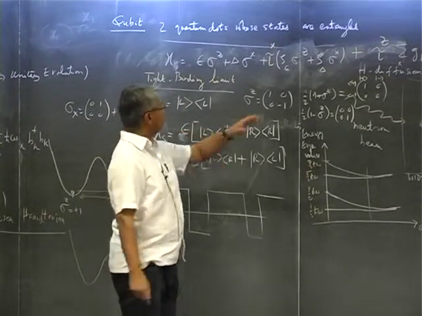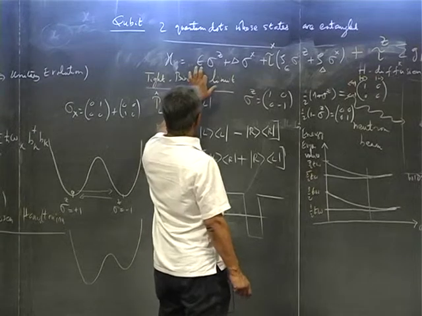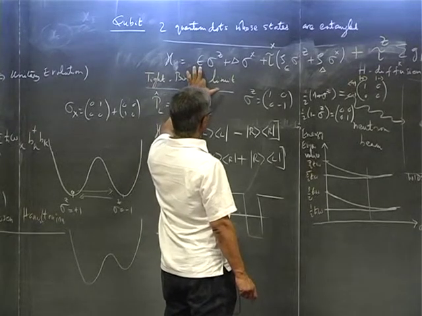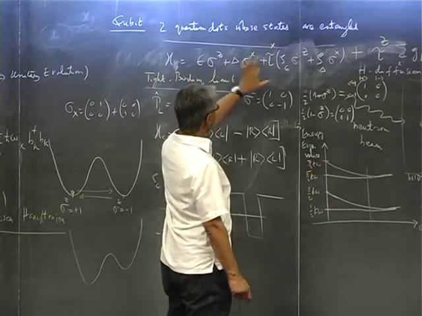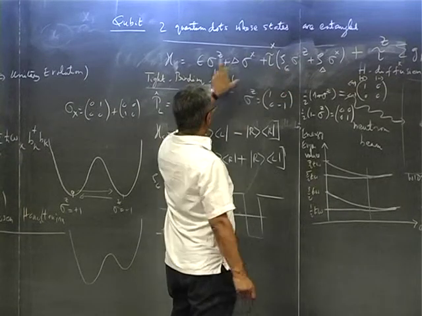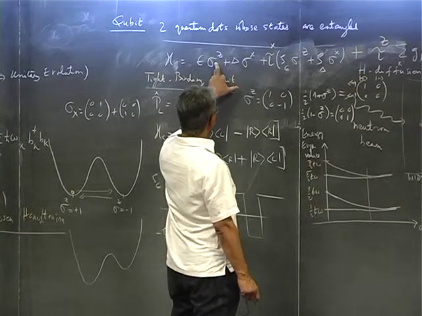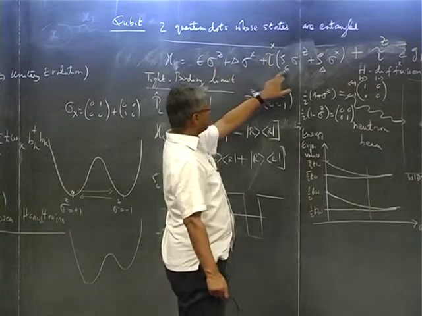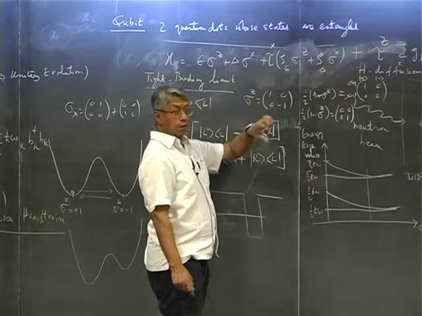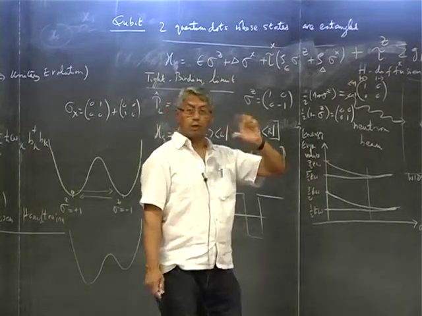Okay? So effectively what you have done is that you have added a noise to epsilon, because this term gets added as they both multiply sigma z. So I have epsilon plus tau x zeta epsilon, and that term will keep on flipping.